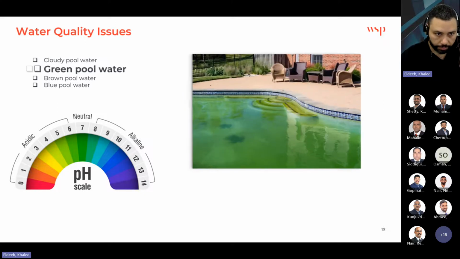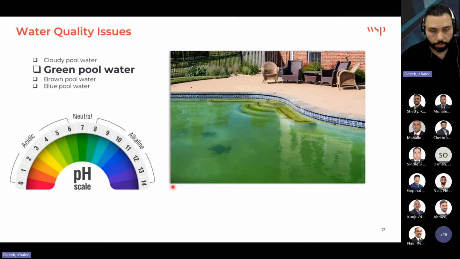The second one, green pool water. Usually, when we have a green color like that, it means we have algae growth. This happens when we have high pH level, because high pH helps the algae grow faster, and the water turns green.